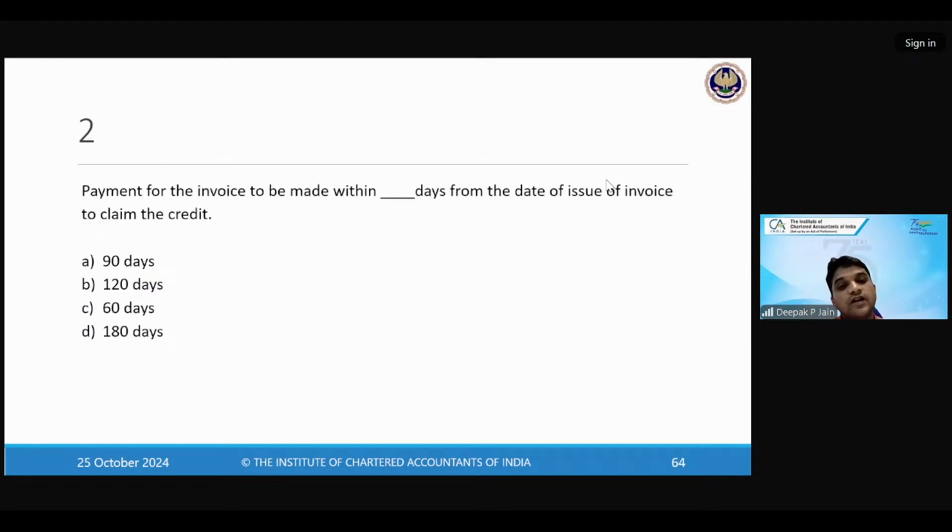Payment for the invoice to be made within how many days from the date of issue of invoice to claim the credit? Everybody knows it. It is 180 days.